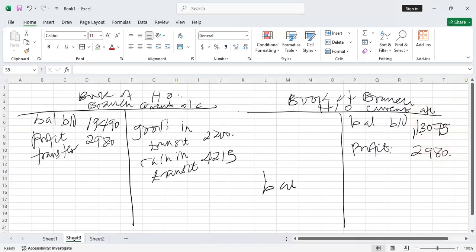So we can now try to see what would be the balances carried down. Let's determine the balances carried down.